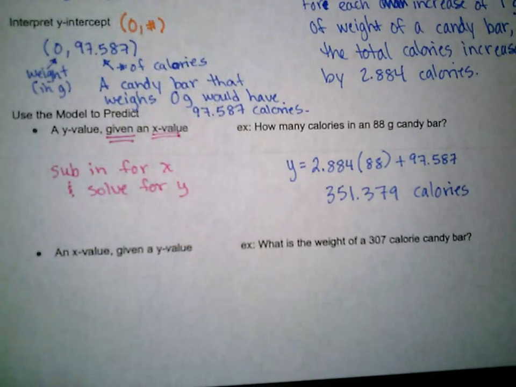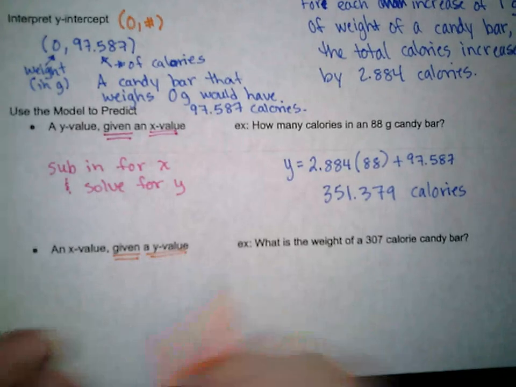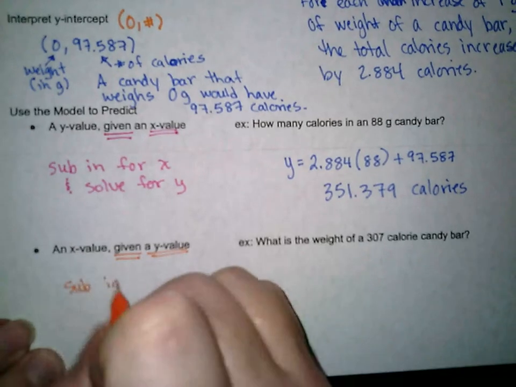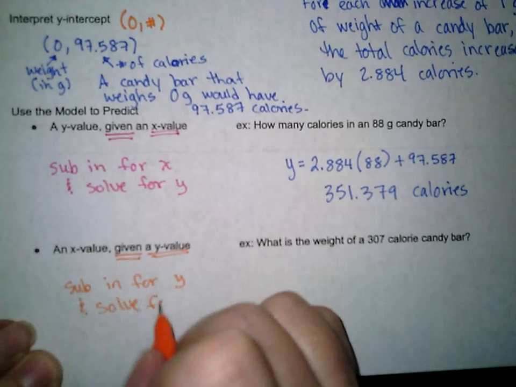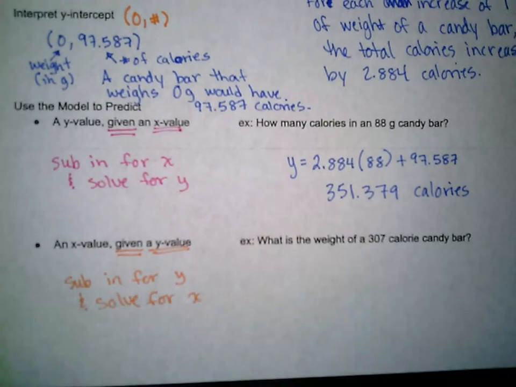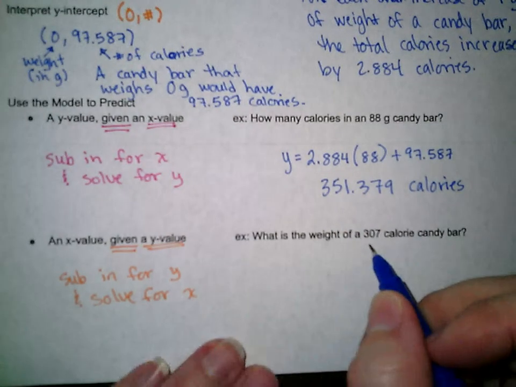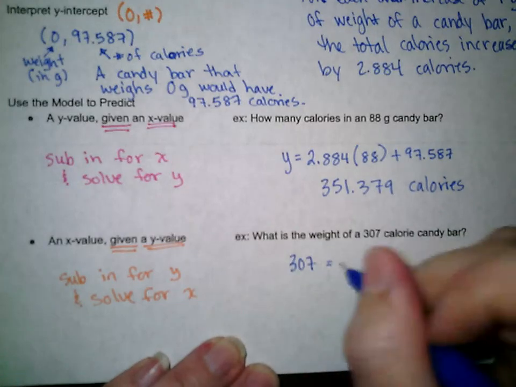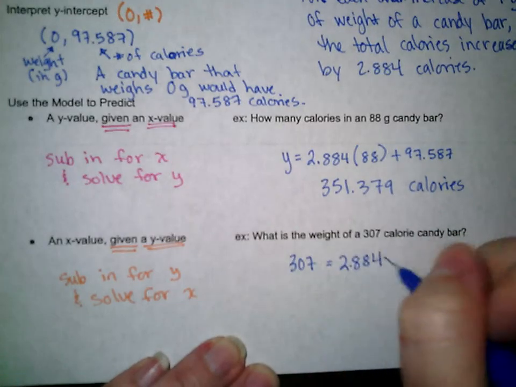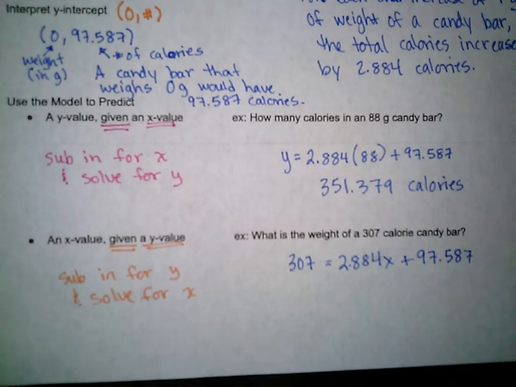If we are given a y value, then we're just going to sub in for y and solve for x. So in that case, what is the weight of a 307 calorie candy bar? We'll put 307 for our calories equals 2.884x plus 97.587, and solve from there.